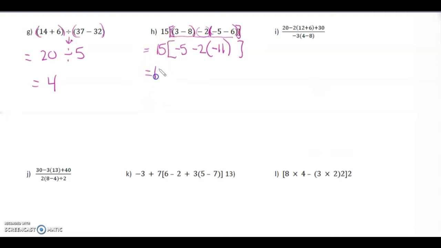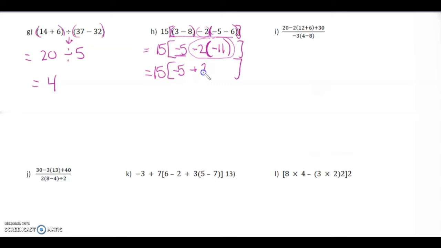Okay, again, just bring down the 15, and we're going to, again, continuously simplify this bigger bracket. So, negative 5, and because we have a number that is right beside a bracket, these are multiplication. So, we don't want to add these first. We want to multiply, the negative 2 times negative 11, and then we're going to add it to that negative 5.